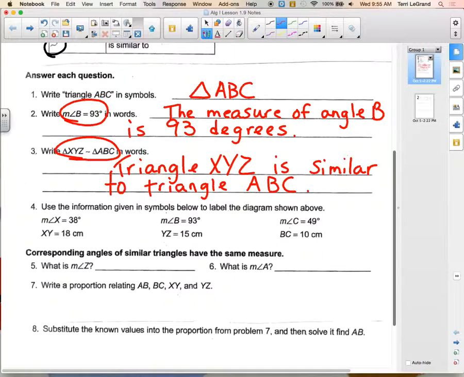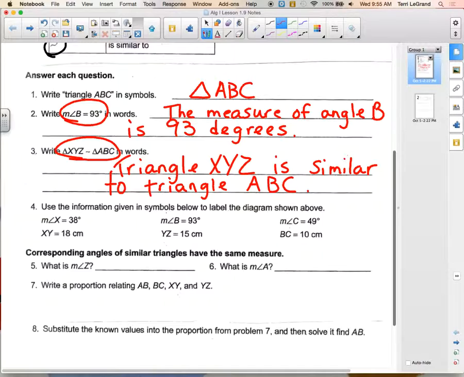Well, since they're both similar, they would have to have the same angle measure, right? Yeah. But why are they corresponding? Why are they similar? Well, if it's the same triangle, maybe it's not the same size.